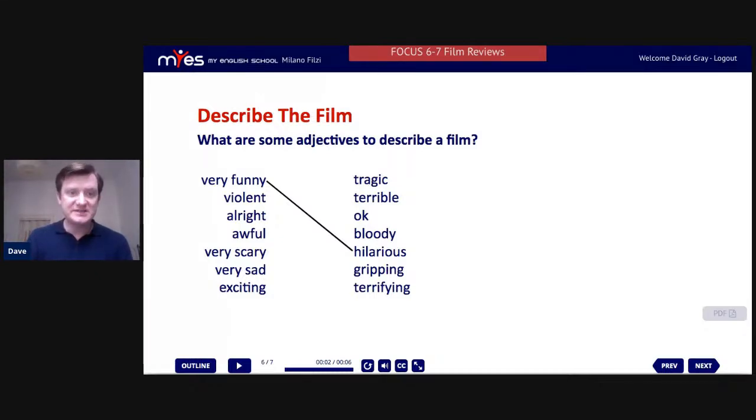The next one we have is violent. Tell me what word is similar to violent here. Anybody?